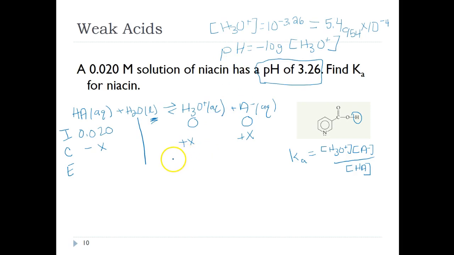So I'm going to write that in the equilibrium spot. 5.4954 times 10 to the negative 4th. So that means 0 plus x equals this number. So shouldn't this 0 plus x equal the same number? So I'm going to rewrite that.